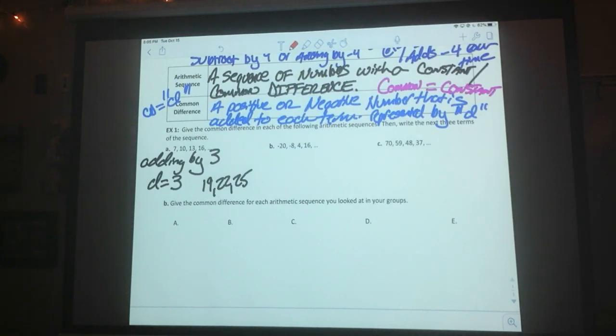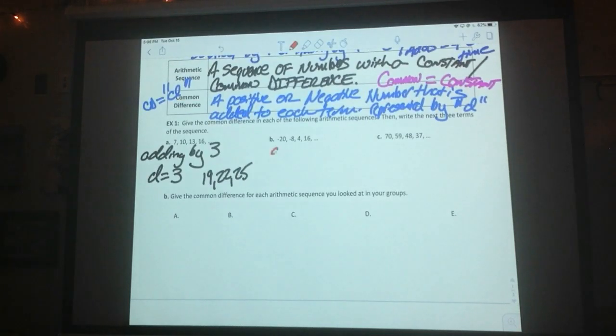Okay, let's look at the next one: -20, -8, 4, and 16. What am I doing there? My negative numbers are getting smaller in size, but technically they're getting bigger, because remember, going towards 0 for negatives is getting bigger. So I'm adding by 12.